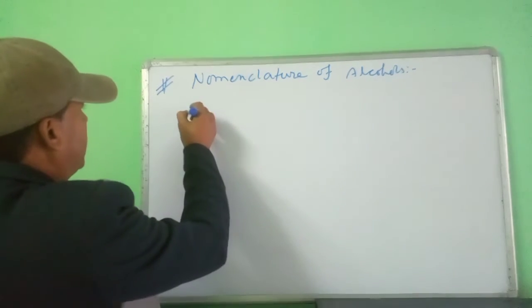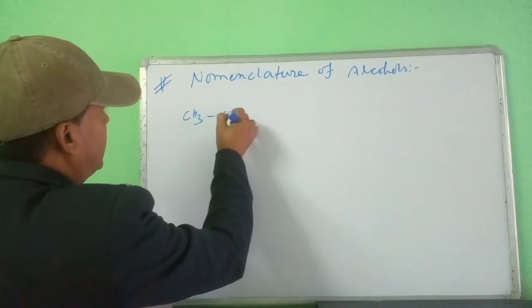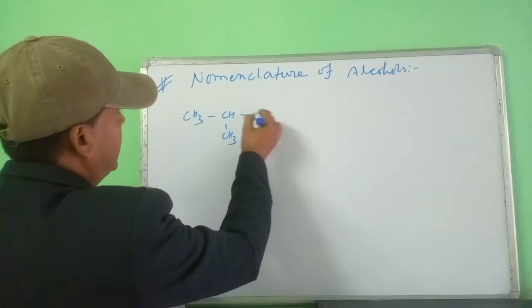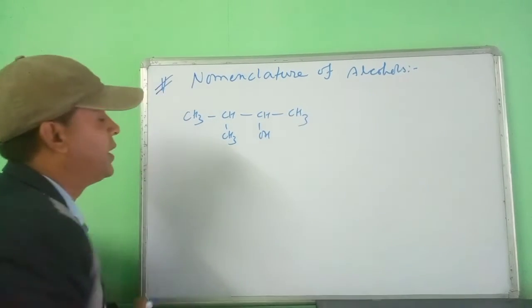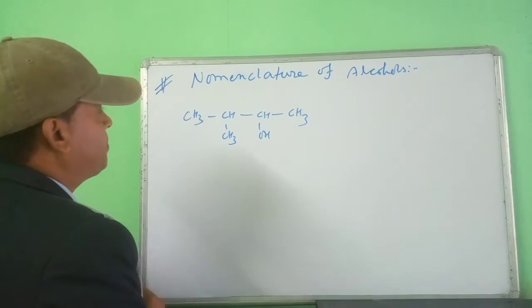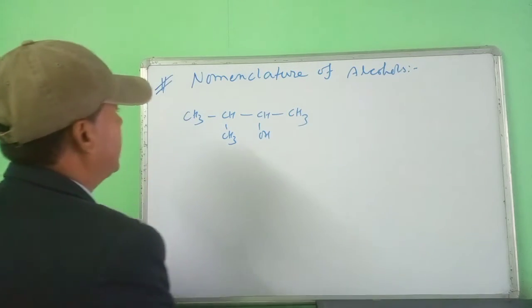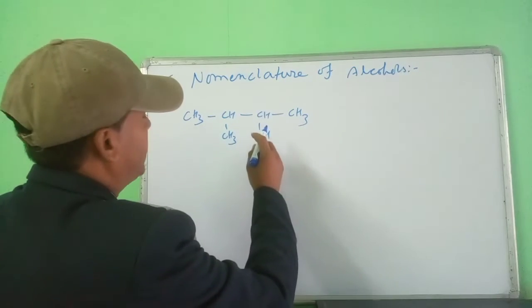Okay, now CH3, OH and CH3, a compound like this. What is the IUPAC name?